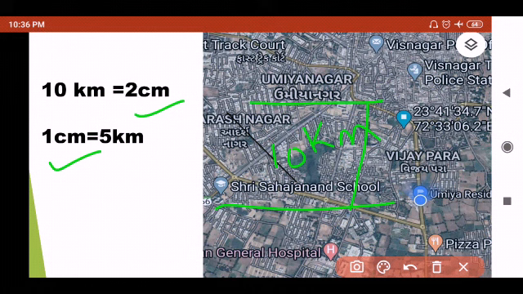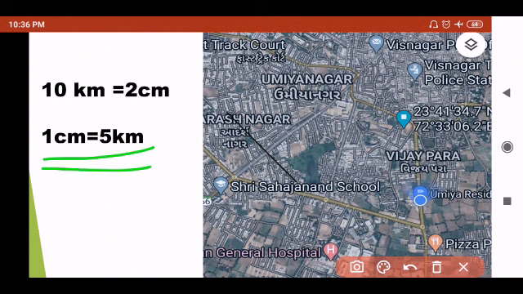For example, that 10 km is represented by 2 cm. So 1 cm represents 5 km on the ground. Now 1 cm of the map will show 5 km on the ground. The scale of your drawing will be 1 cm is equal to 5 km. So this will be your scale.